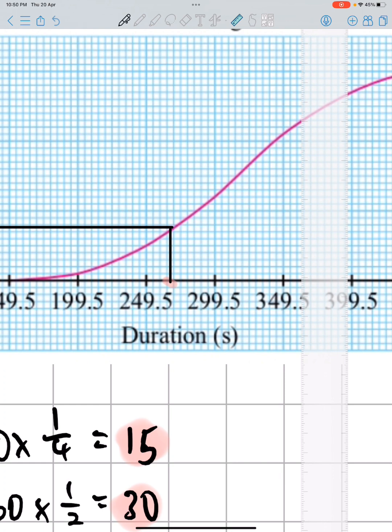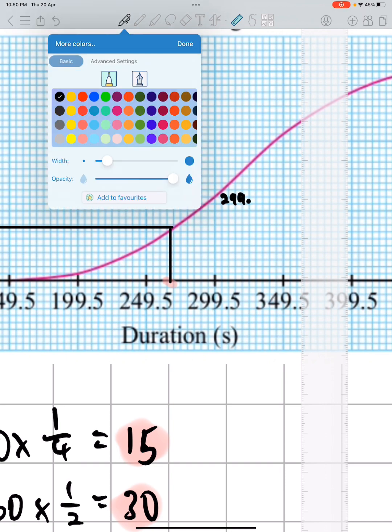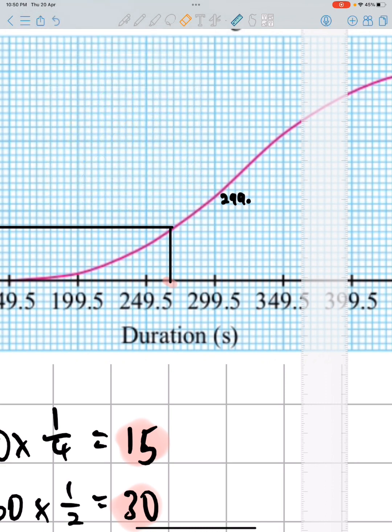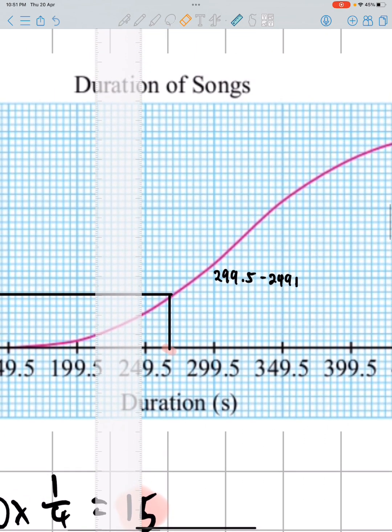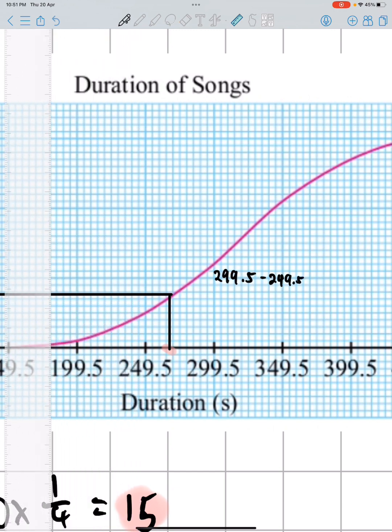For us to find this value, we can use 299.5 minus 249.5, and you calculate how many boxes there are here. So 1, 2, 3, 4, 5, 6, 7, 8, 9, 10, right?